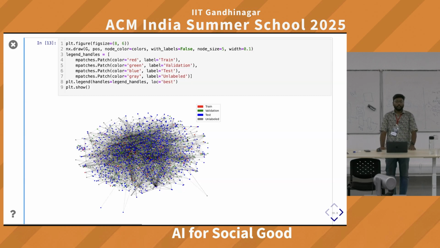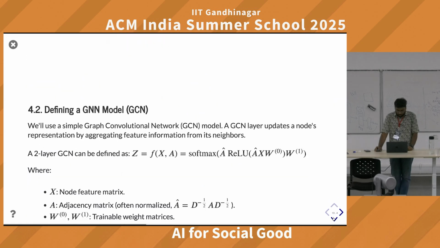So basically, you are giving this GNN this whole graph, train, test, validation all together. But the labels of the test and validation are not known to the GNN. Only the train is known. So given this graph and the train labels, it will try to predict the labels, and based on that, we will try to see how well we can do.